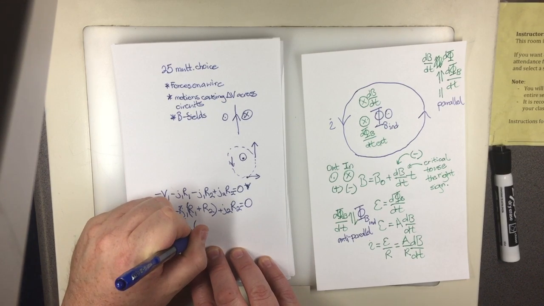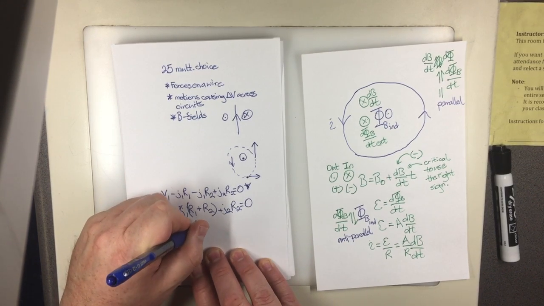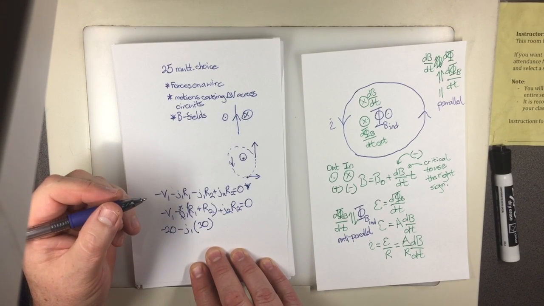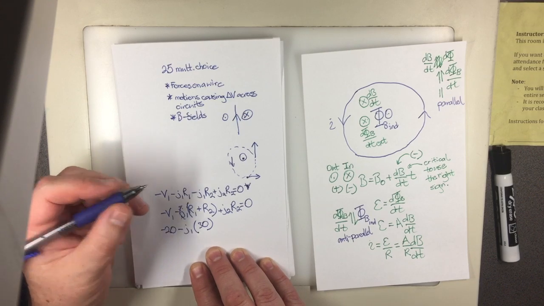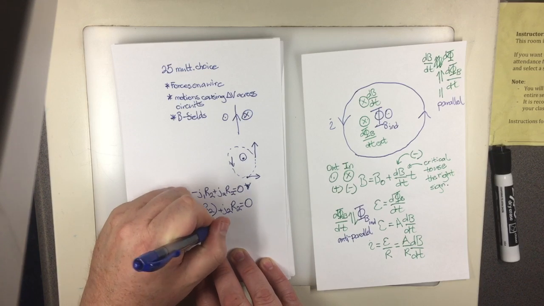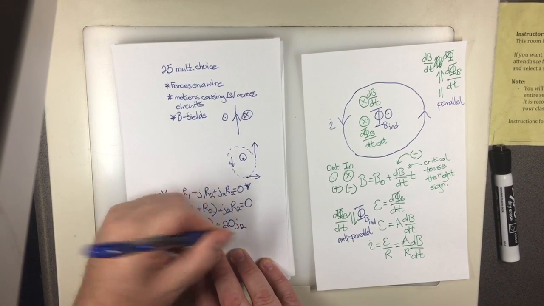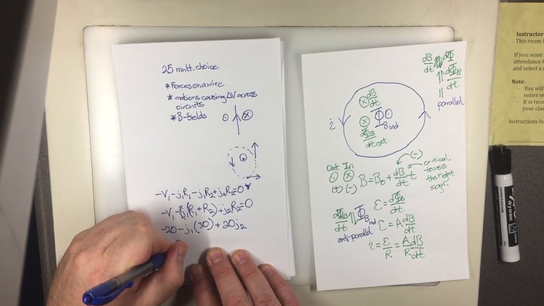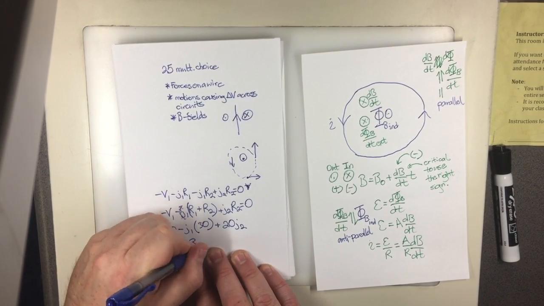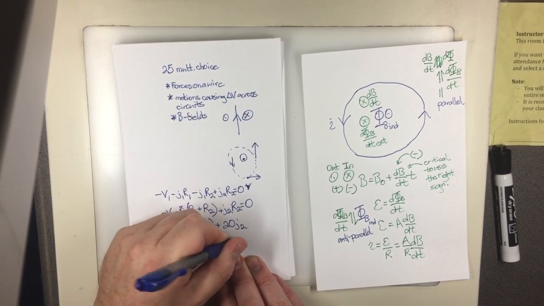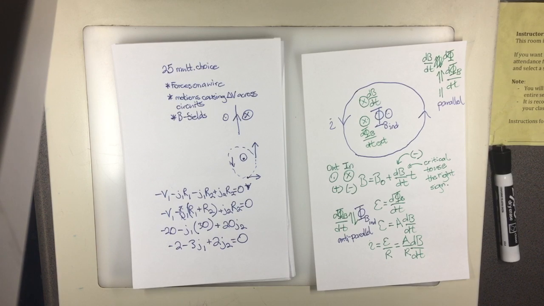J1, R1 plus R2 is 30. Not very creative selection on resistors. Plus 20 J2. Everything is a factor of 10, so minus 2 minus 3J1 plus 2J2. And that's the first circuit.